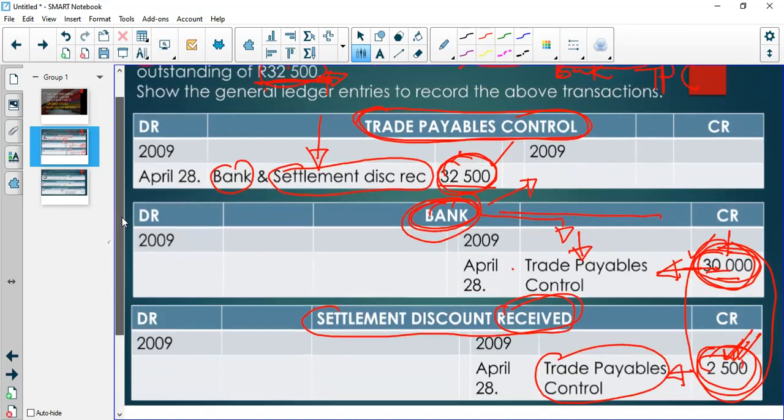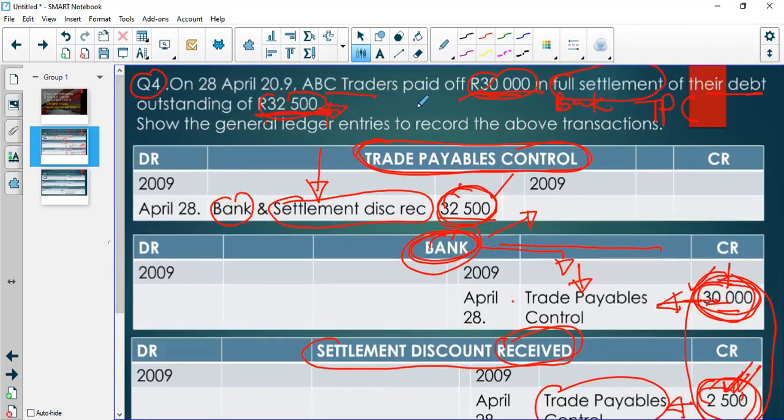So it's something that you need to know whenever there is a payment that is made to settle an amount which is bigger than the payment, then there's always discount. Because we are paying our suppliers, we are the ones who receive the discount, right? So it's settlement discount received. You must distinguish that from settlement discount granted, where we grant our customers.